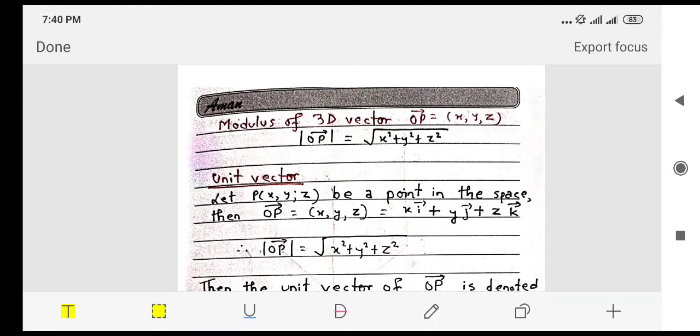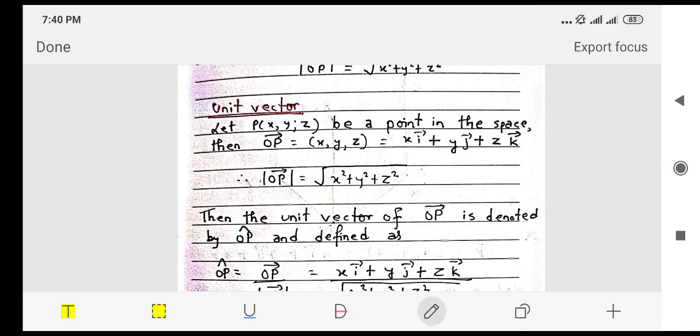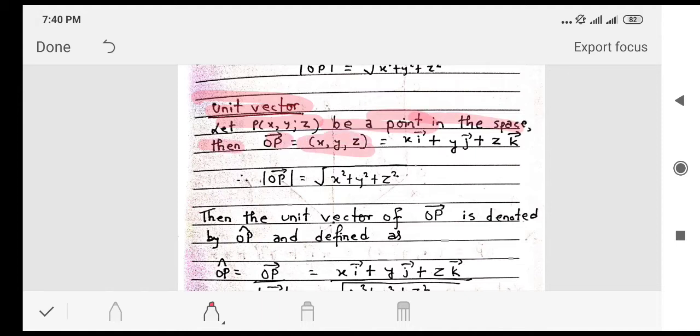Similarly, we have discussed unit vectors previously also. Let P(x, y, z) be a point in the space, then OP vector is equal to (x, y, z), which can also be written using unit vectors as x vector i plus y vector j plus z vector k. Similarly, the modulus of OP vector will be square root of x square plus y square plus z square.